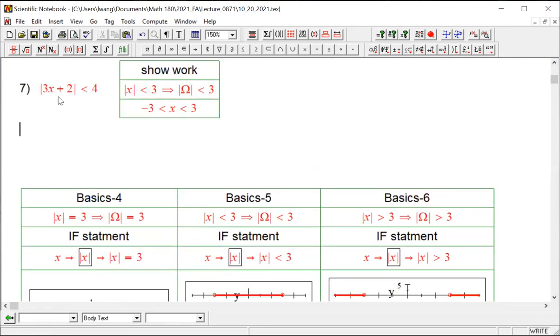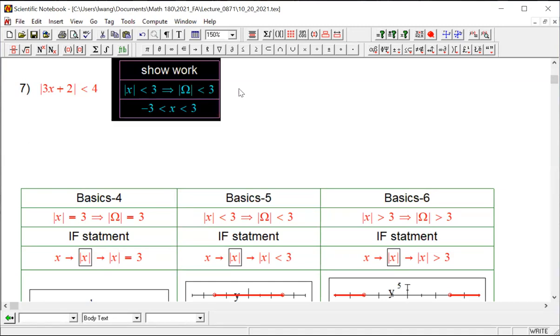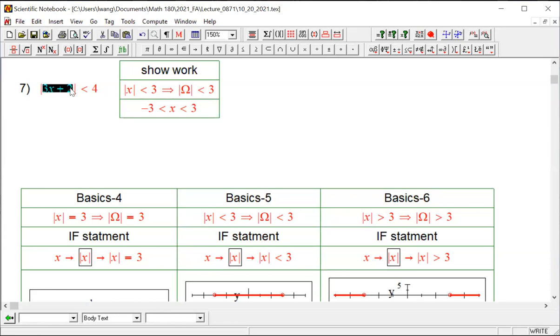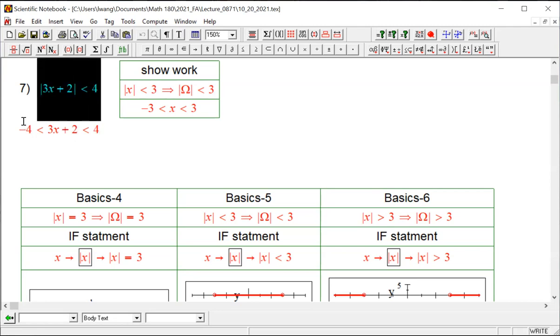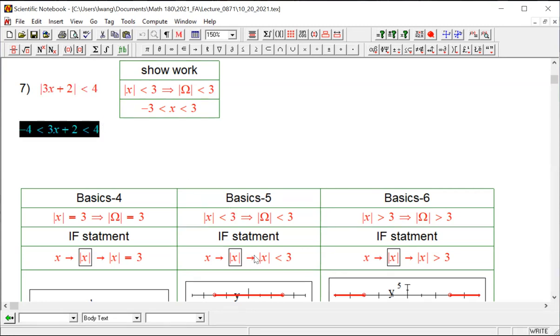And what do I do with it? You don't need to show this to a professor or the teacher. You need to have that in your head, okay? So that's my baloney, and 3 is replaced by 4. So the next step I will show: -4 less than 3x plus 2 less than 4. If this is true, then that is true. You understand the pictures, the graphs, and everything.